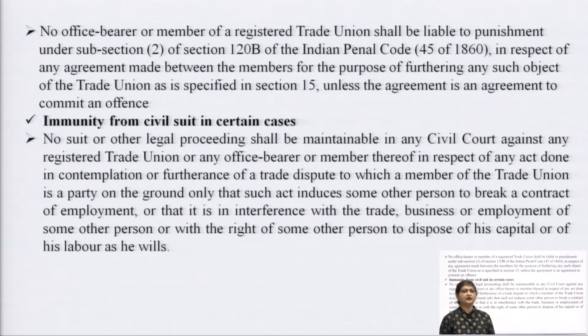Now, next is immunity from civil suit in certain cases.